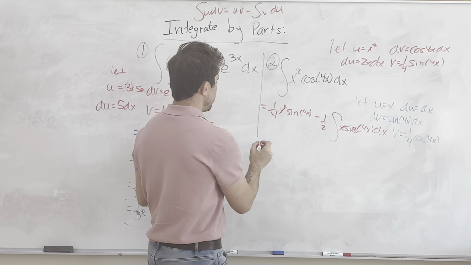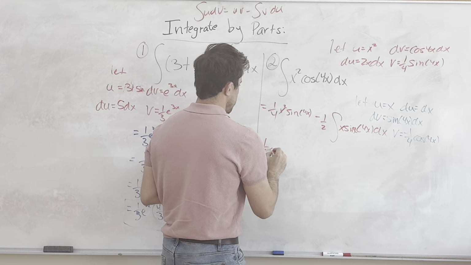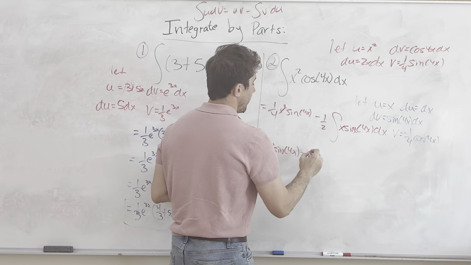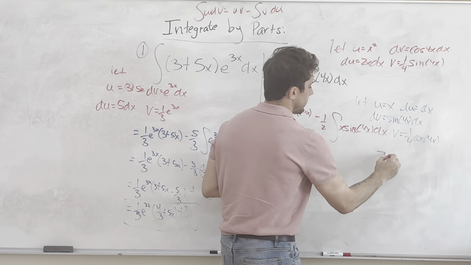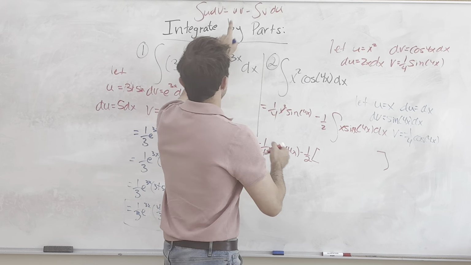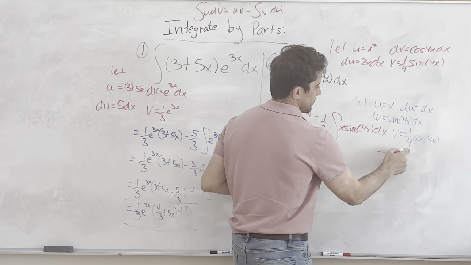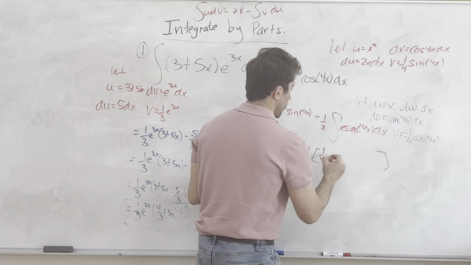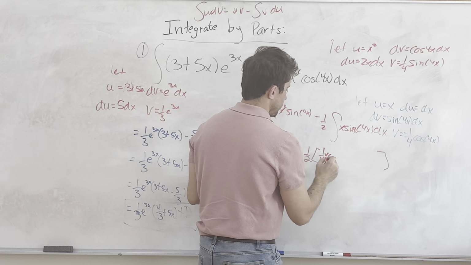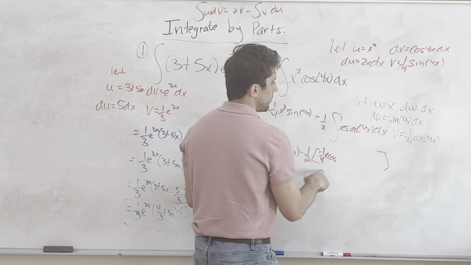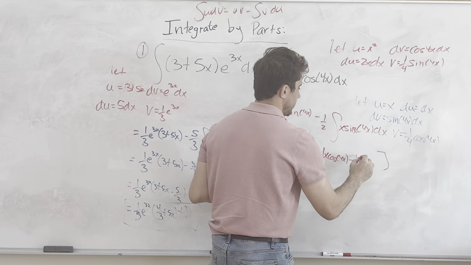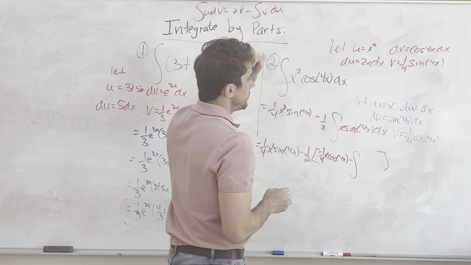And so now we can keep going, and so we can do 1/4 x squared sine of 4x minus 1/2 times, now this entire integral is going to be broken down. We'll have u times v, x times that, so that's negative 1/4 x cos 4x minus the integral of v du.